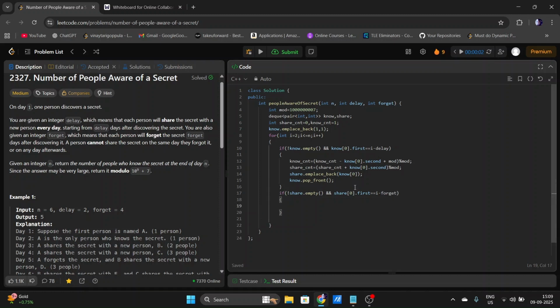Same as it is in I minus delay, same as I minus forget. Now share count equal to brackets share count minus share of 0 dot second plus mod to avoid overflow and person module. And after that, we will remove from share dot pop front.